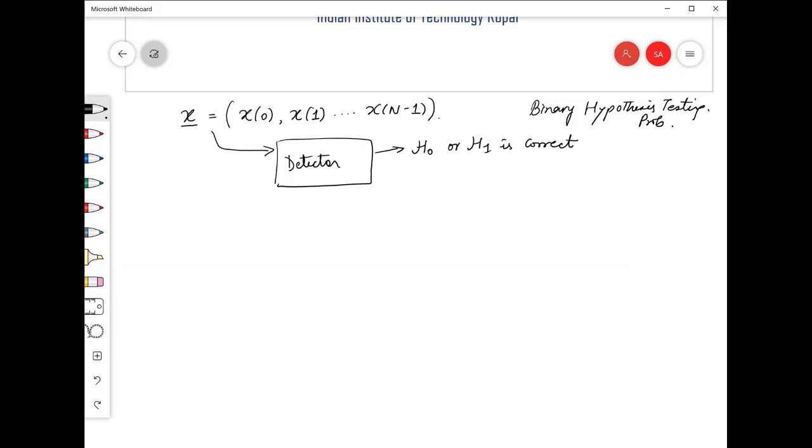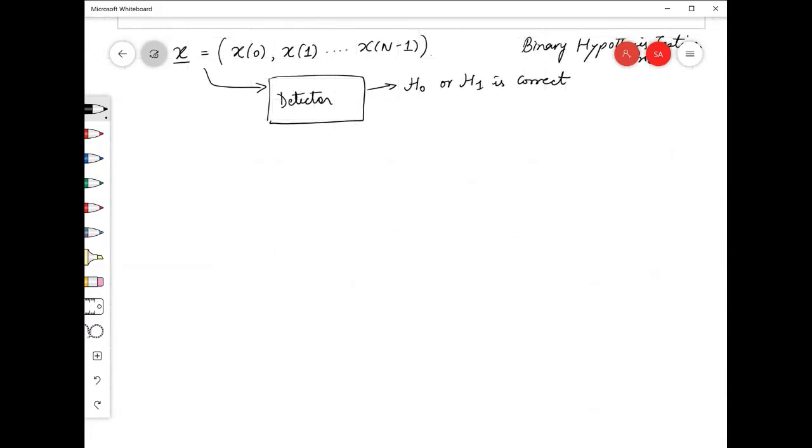And in the last class, I also said that because these are higher dimensional observations, what we are going to do is, if my X belongs to a region, let's say R1, then I decide my hypothesis H1 to be correct. If my X belongs to the region R0, then I decide my null hypothesis to be correct.